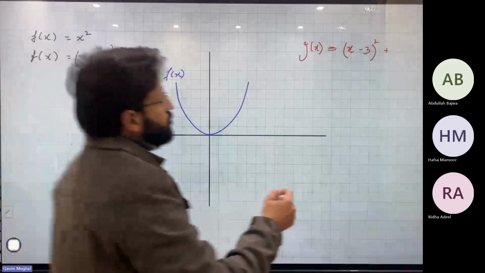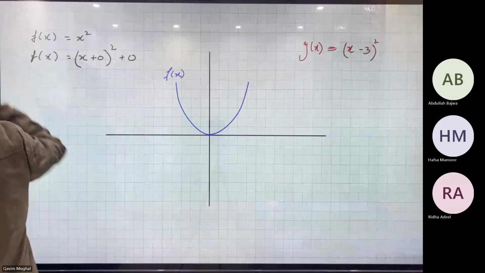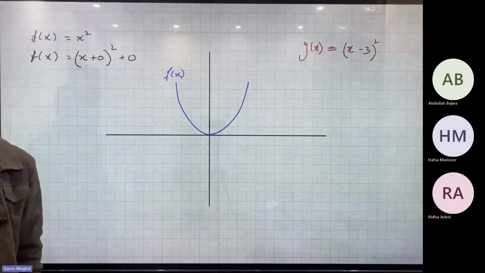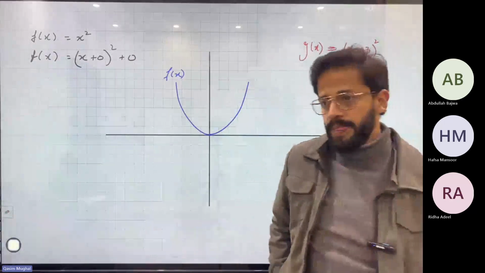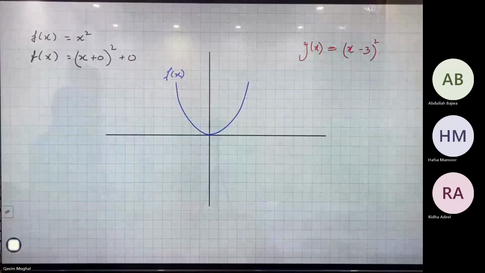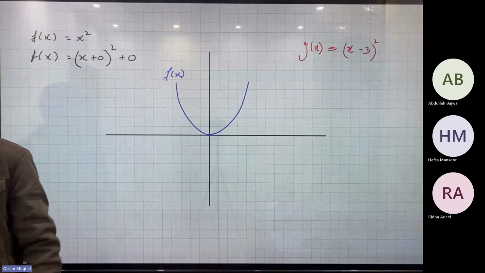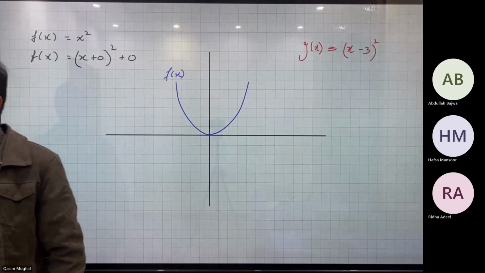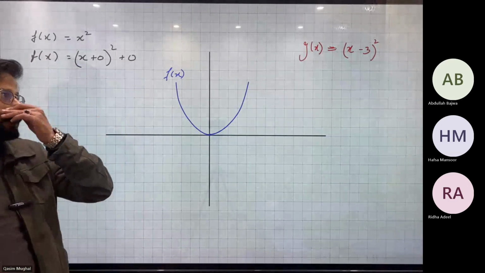So remember, if it is just x minus 3 whole square, what are the coordinates of the vertex? 3 and 0. Shabash. Draw the graph of g of x. We're only using the concept of quadratics here, okay? Do it on the same grid.